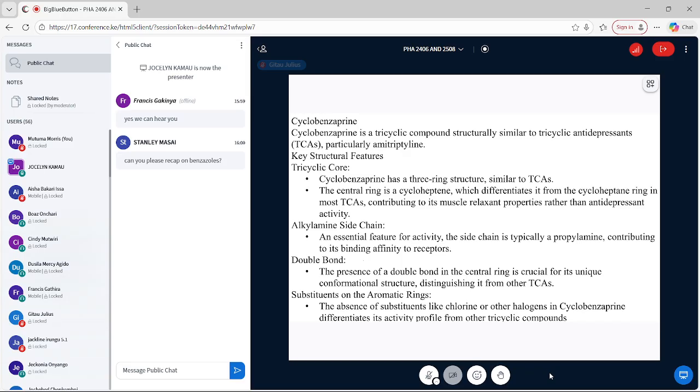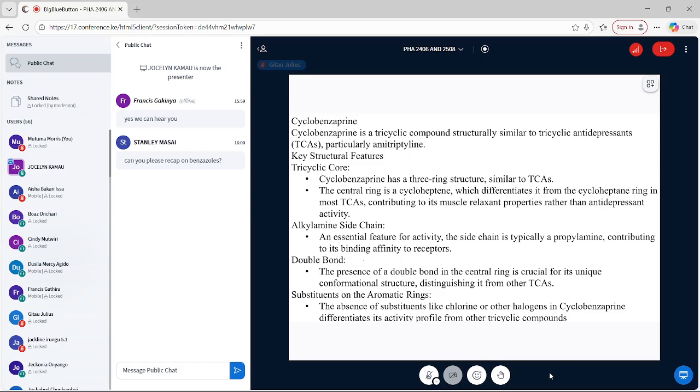Structure activity relationship: the tricyclic ring, we have already mentioned, is essential for maintaining the structure. Having the two double bonds, it will be skewed in nature. The specific arrangement and type of ring, a cycloheptene, are crucial for its muscle relaxant properties.